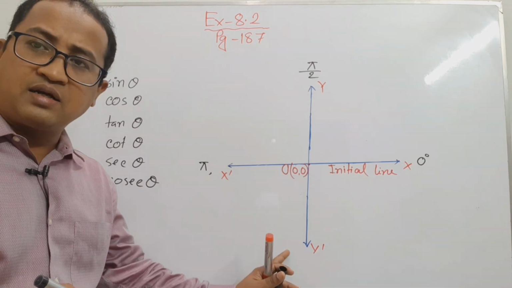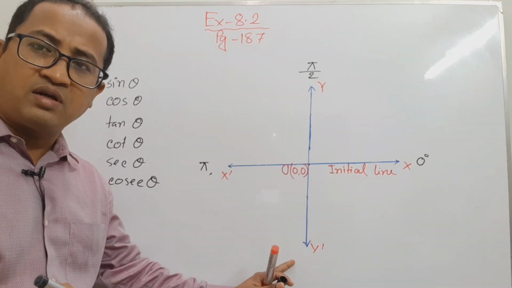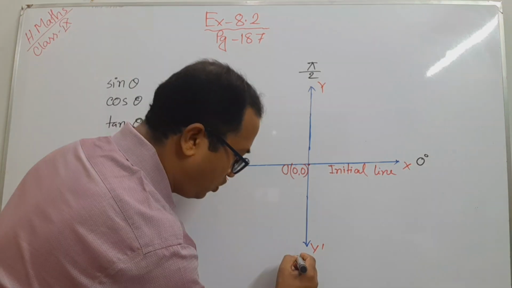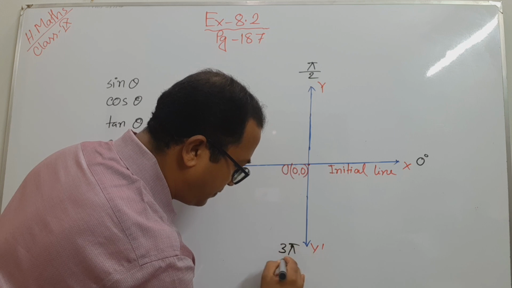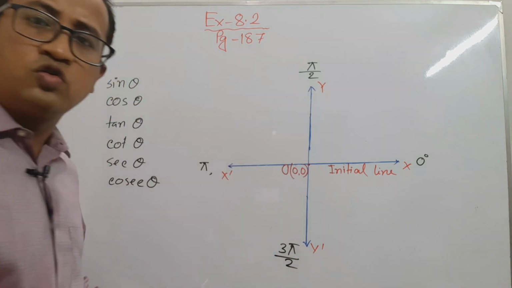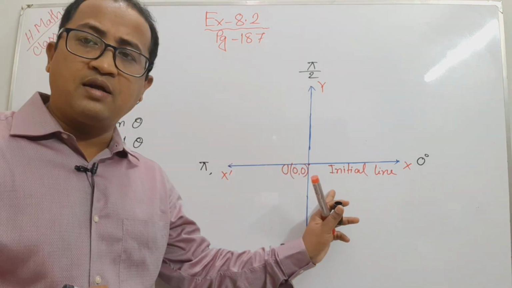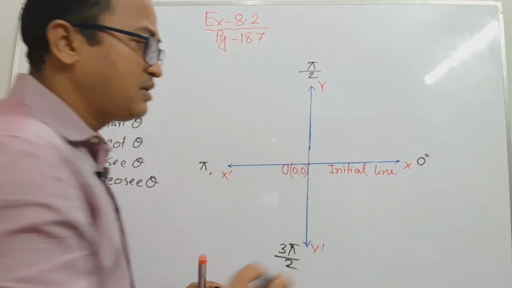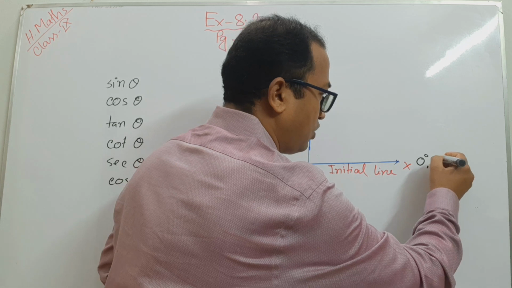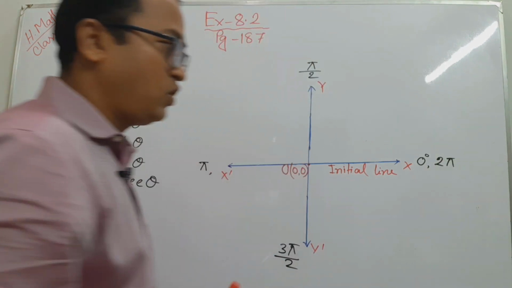After more 90 degree, it will be 270 degree, that is 3 pi by 2. After more 90 degree, it will complete a circle, that is 360 degree or 2 pi.